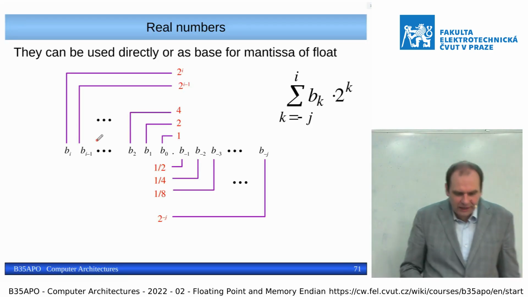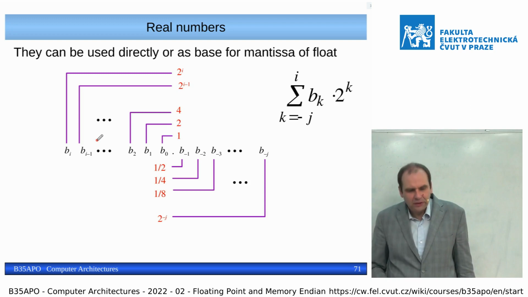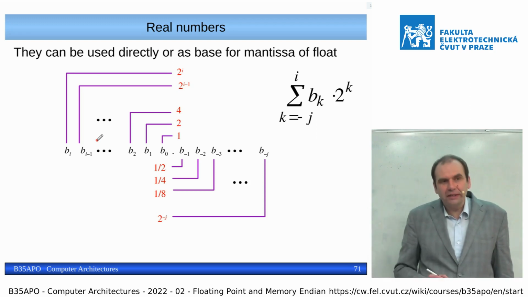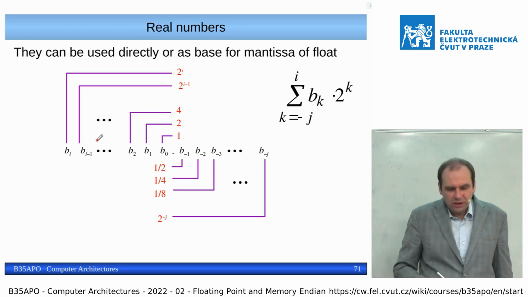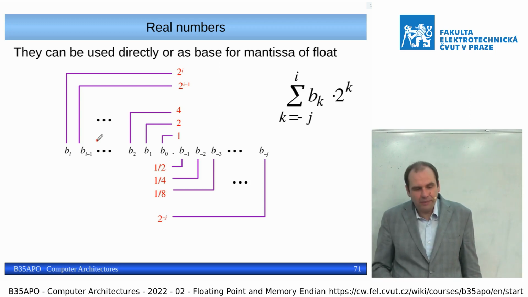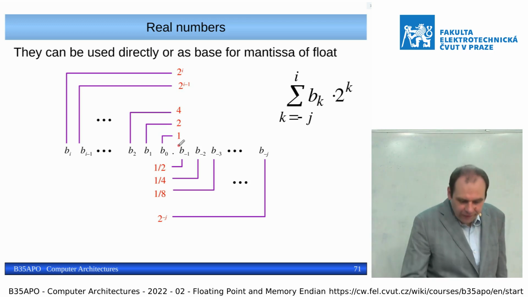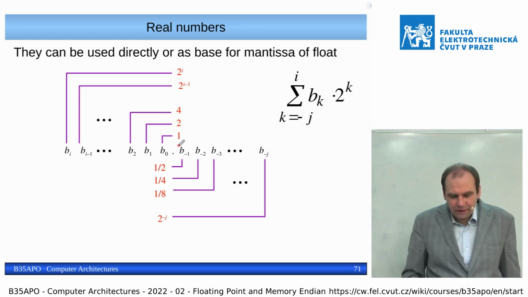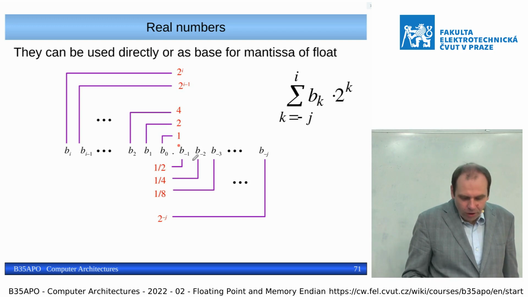And now we get to the real numbers. So you probably know the scientific notation of the standard decimal numbers. It is similar. We first start with the fractions. So we can have fixed point numbers.